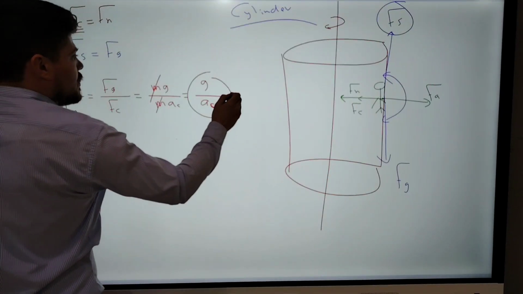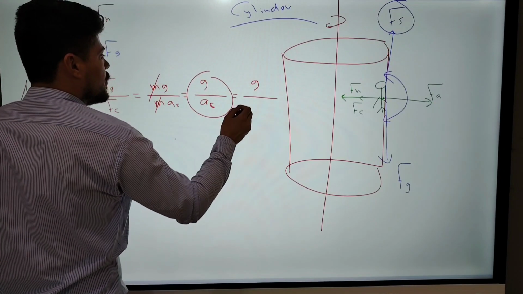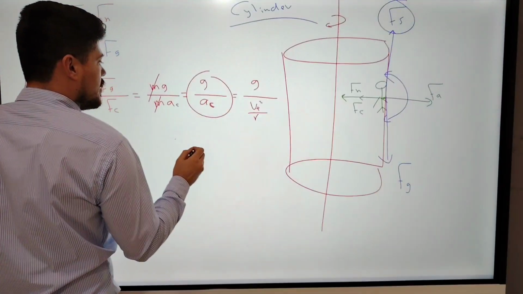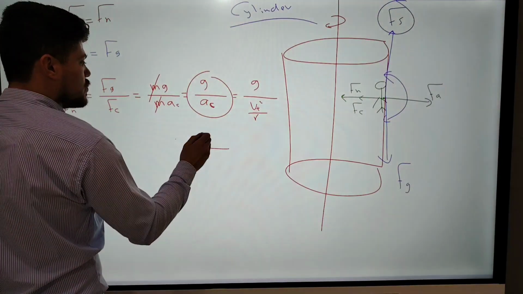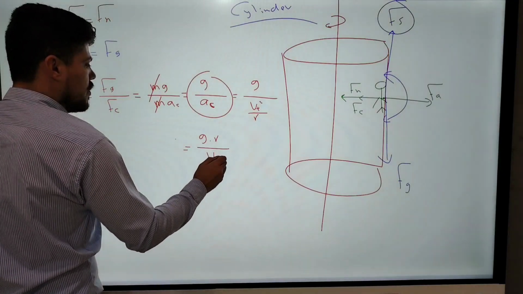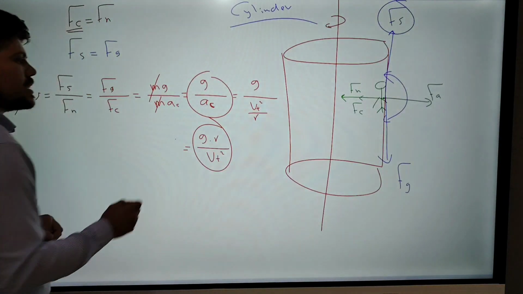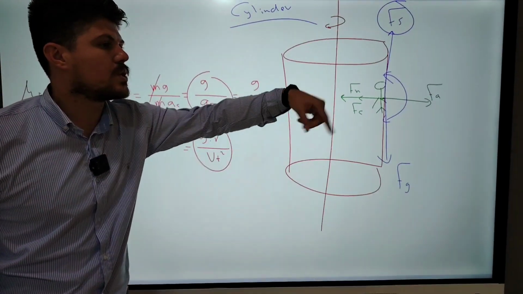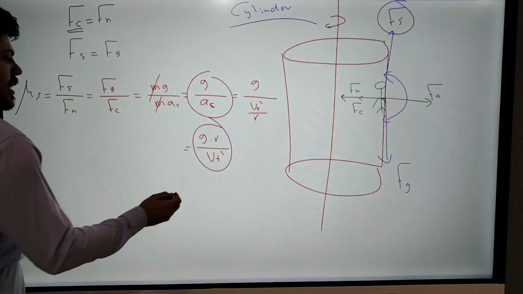And you can write down like that. G over what? ac is equal to what? Vt squared over R. Okay? Which is equal to gR over Vt squared. This is the second equation to find mu s for an object when it is rotating inside the cylinder.